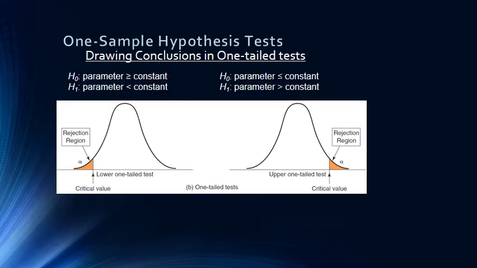In a one-tailed test, the rejection region again will be anything on that side or anything on this side.